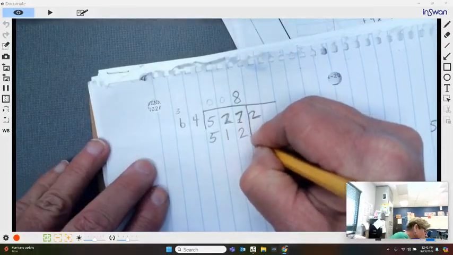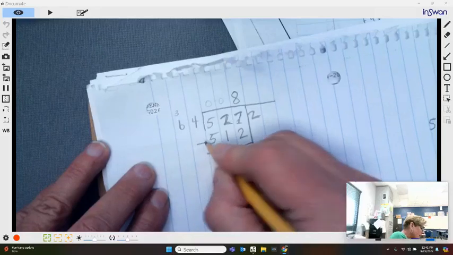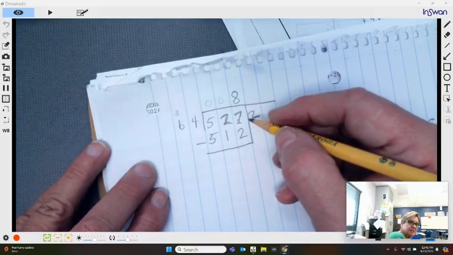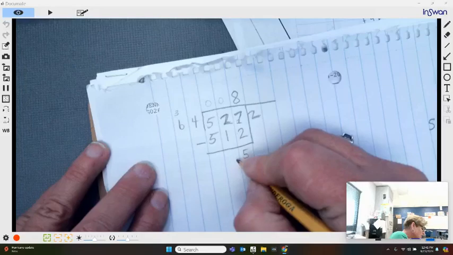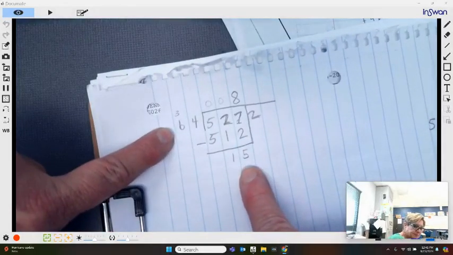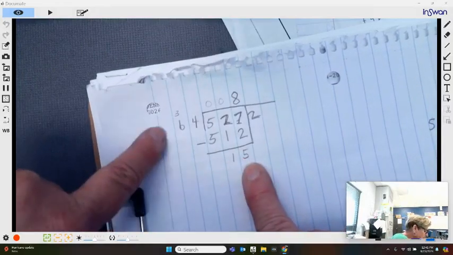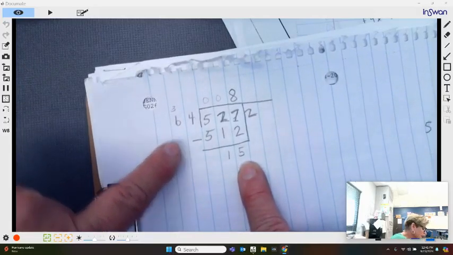I'm just going to draw a little box through where I am in my place values, and I'm going to subtract. 7 minus 2 is 5. 2 minus 1 is 1, and 5 minus 5 is 0. So I have 15. Now I'm going to compare. 15 is smaller than 64, so that's how I know I divided correctly.